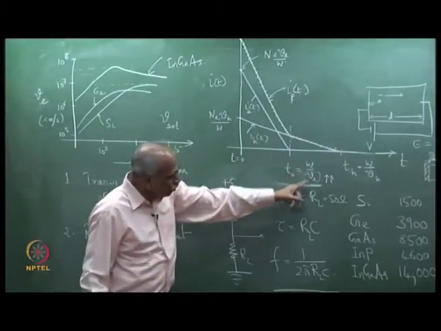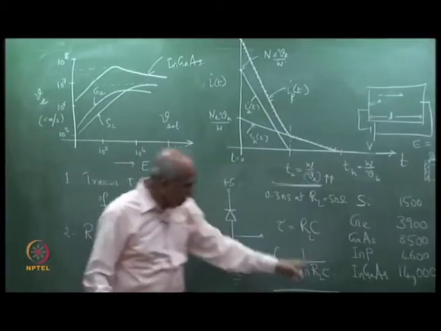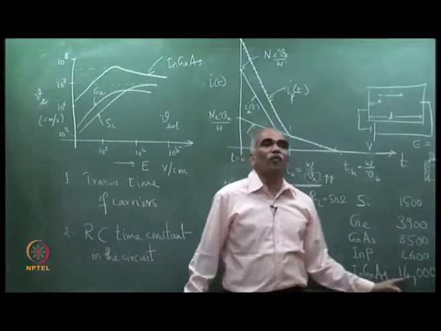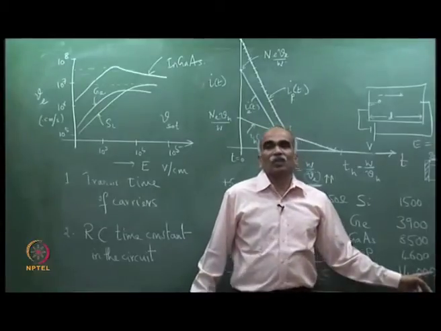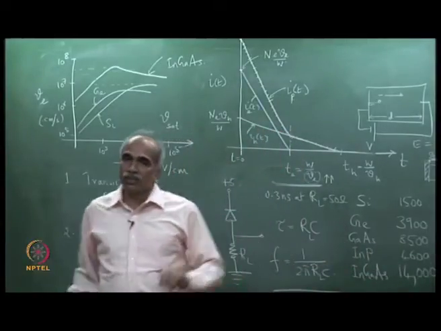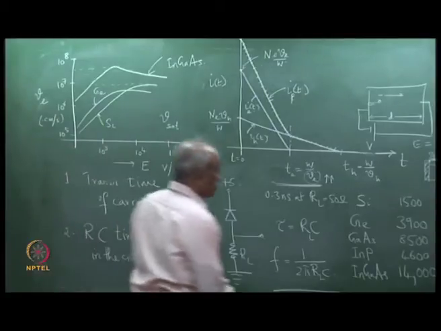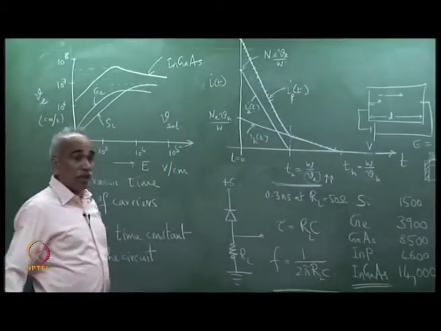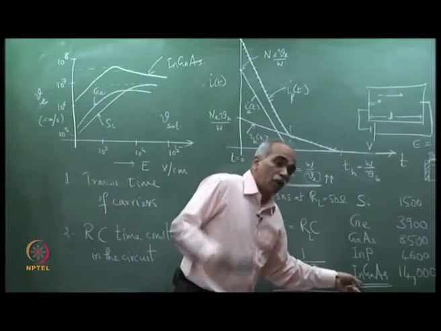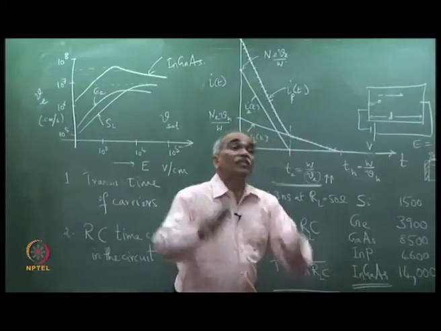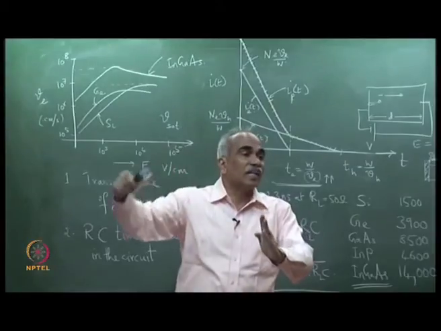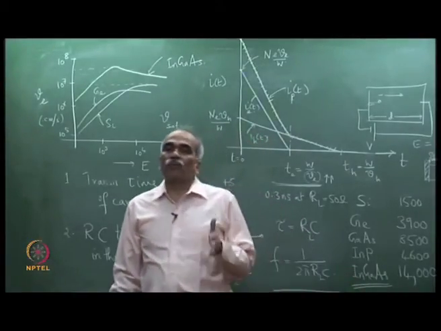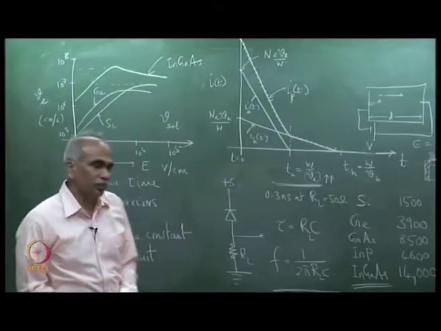These are two points from this, and choose a material with a very large value of mobility, because velocity is equal to mu into E. That is why we have been saying that this is the most important material for optical communication, because the responsivity is the highest for this detector in the 1.55 micrometer window.